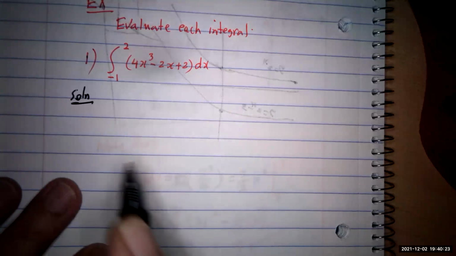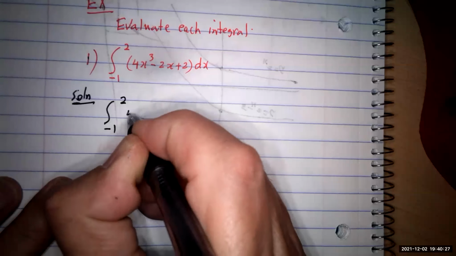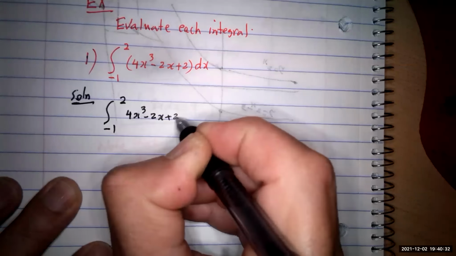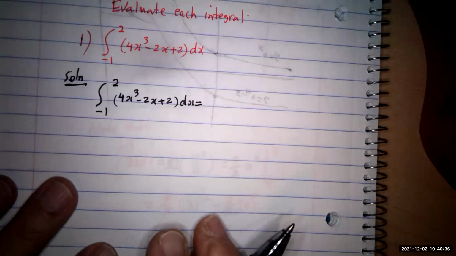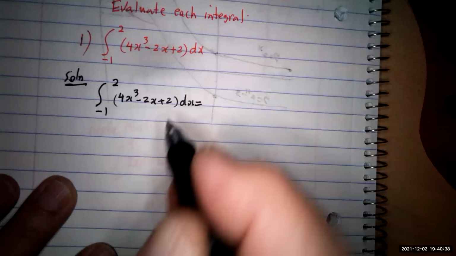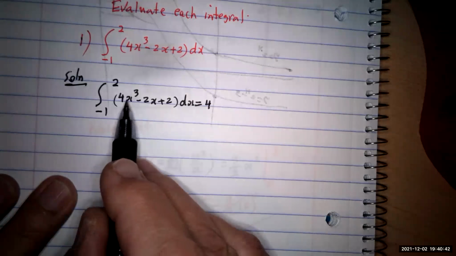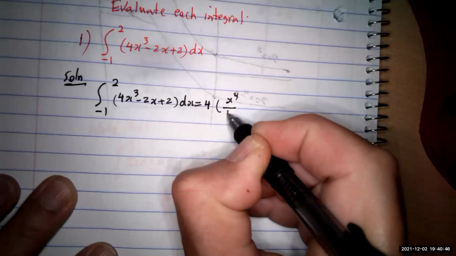Easy integral to evaluate. So what is the integral from -1 to 2 of 4x cubed minus 2x plus 2? Integrate as before. 4 is a number, keep it. For x cubed, power rule, move up: x to the 4th over 4, done.